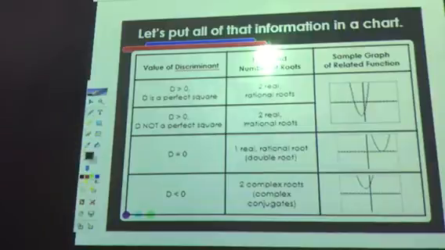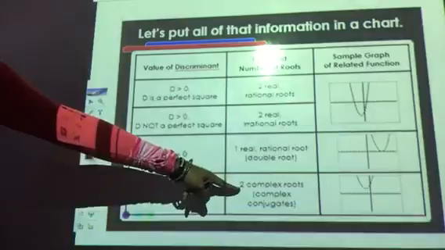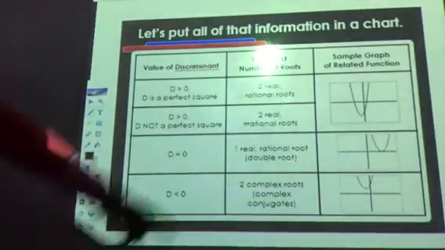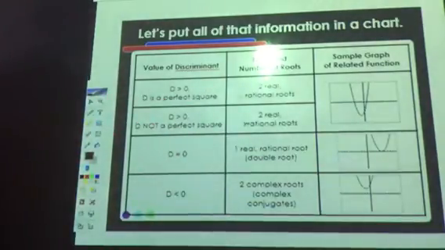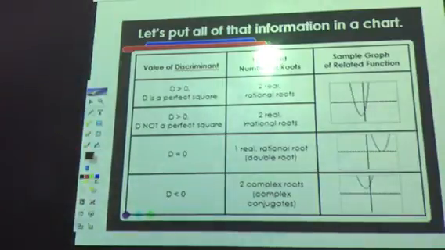If your discriminant is less than 0, you're going to have two complex solutions. And there is an example of the graph there. If your discriminant is equal to 0, then you will have one real solution. And there's an example of the graph there.